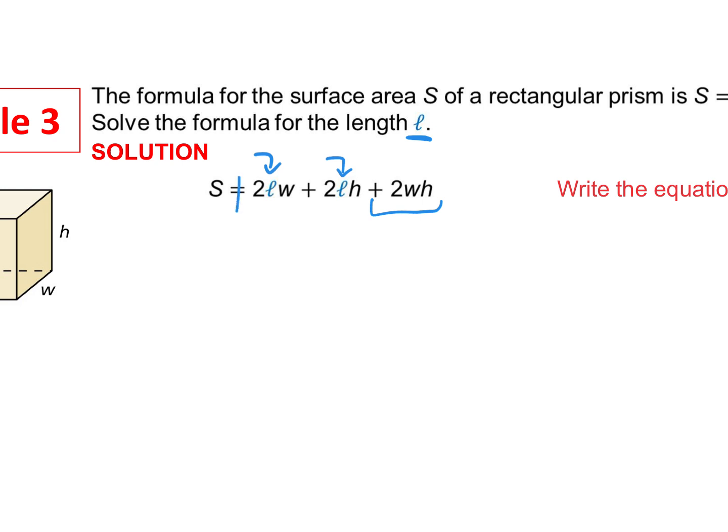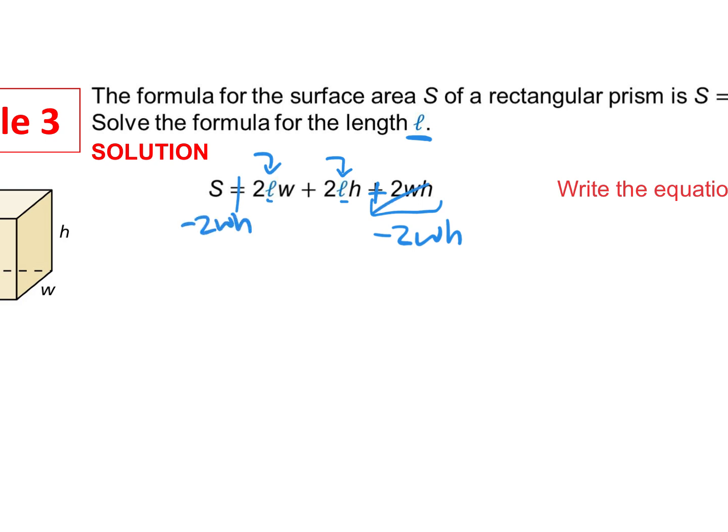So let's get rid of this plus 2wh. This is being added to this equation and has nothing to do with L. So let's subtract 2wh on both sides of the equal sign.